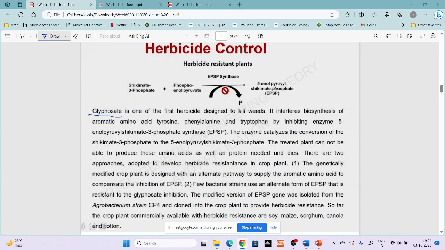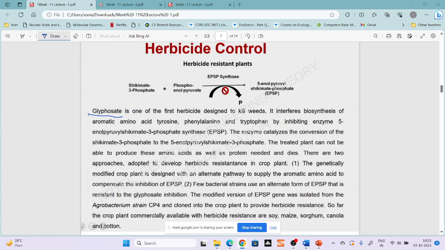Because the problem that the agriculturists were facing was that when we are spreading the weedicides, sorry, the herbicides, our plants are also getting killed. So they thought that we should make our plants in such a way that they will not be killed when we spread the herbicides on them. The problem with glyphosate was that it inhibits the aromatic amino acids pathway.